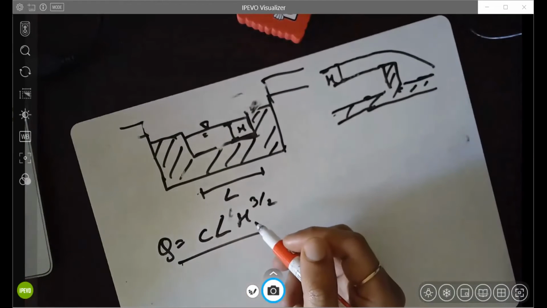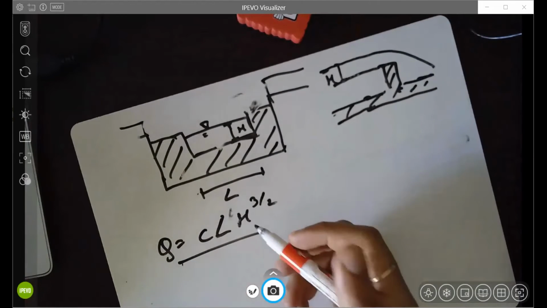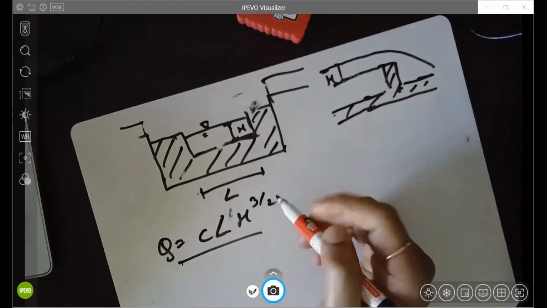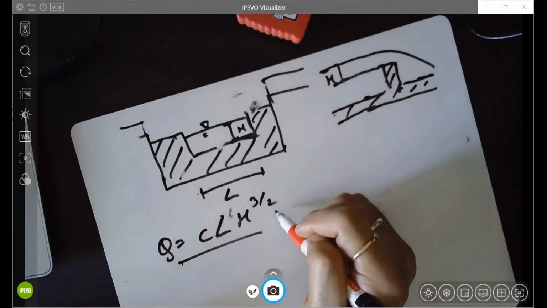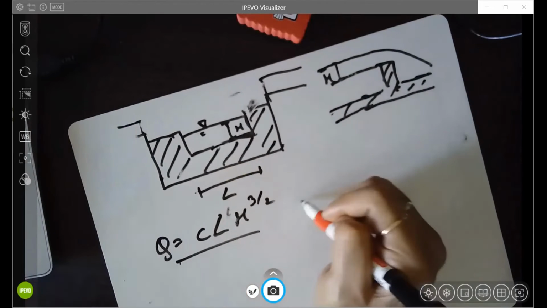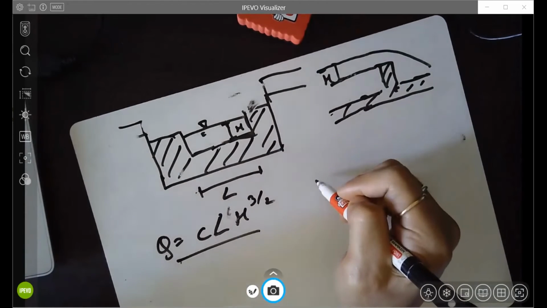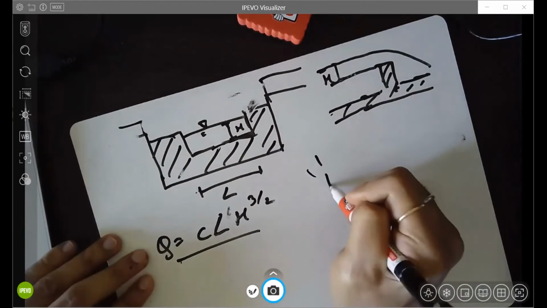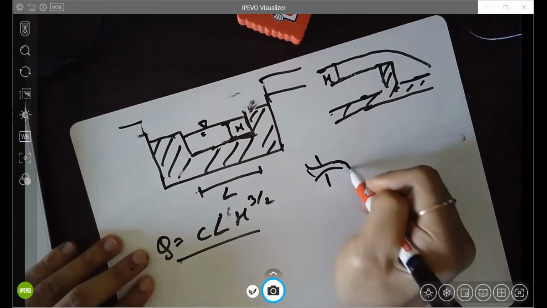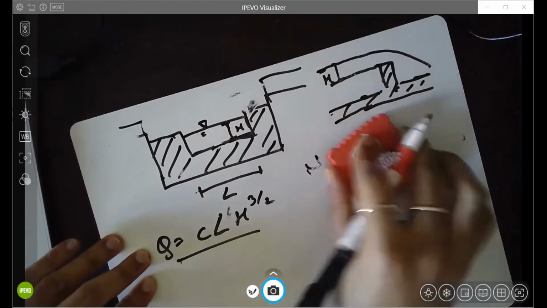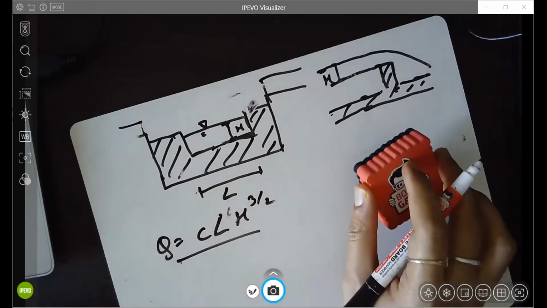As we did with the orifice, there were some corrections applied because of the change in the width of the flow channel while it goes through the orifice. So here too, we'll make some corrections due to some loss of energy that takes place.